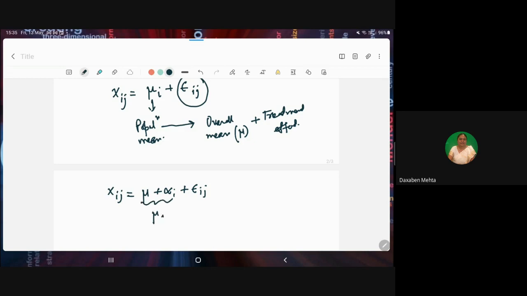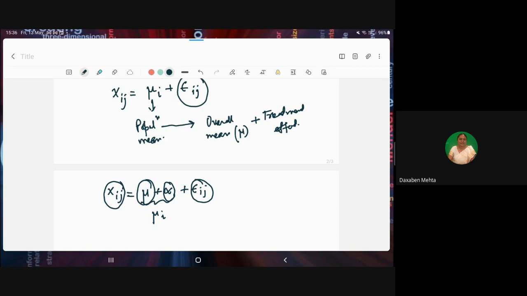When you deal with a sample you may rewrite it, but I'm dealing with the population, so I'm telling you the population mean. So these are the components of an observation. The age of a particular household is influenced by the overall mean, by the treatment effect, and by the unobservable factors, the random error.